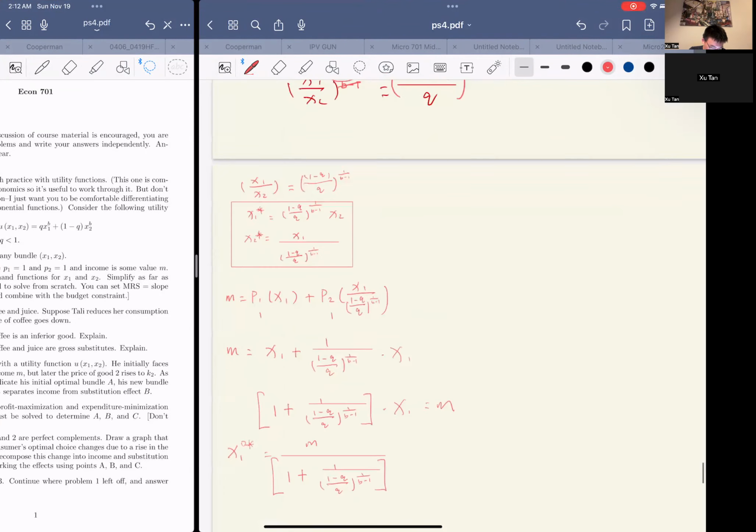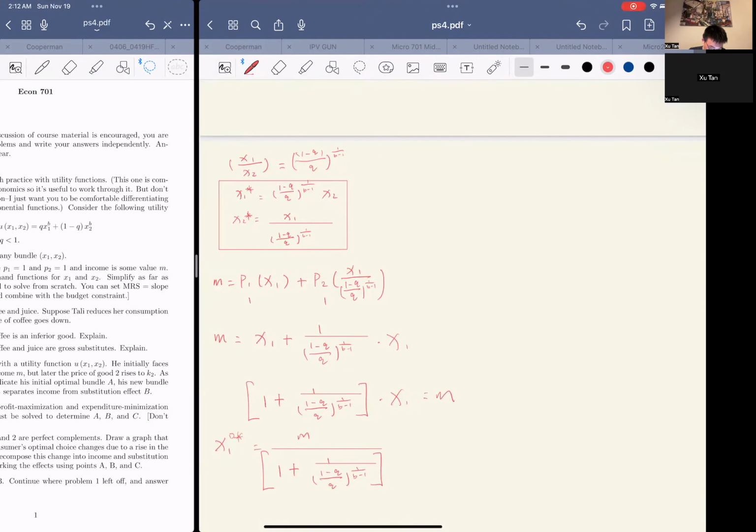We substitute for goods 1. We have m equals p1 times x1, which gets substituted by (1 minus q over q) to the 1 over b minus 1 times x2, plus p2 x2.